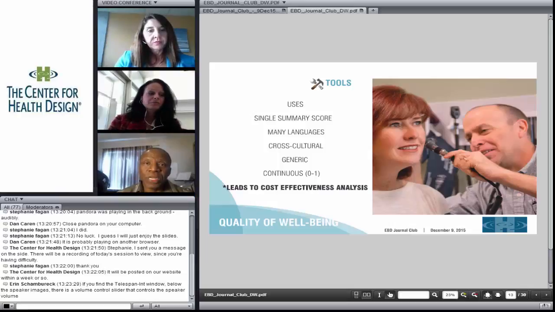It has subsequently been tested and retested for validity, internal and external validity, in different populations. And as you mentioned earlier, in my study of cross-cultural validity in Trinidad and Tobago, it has 14 items, 14 questions and follow-up probes. It takes about 5 to 10 minutes to be administered in person.